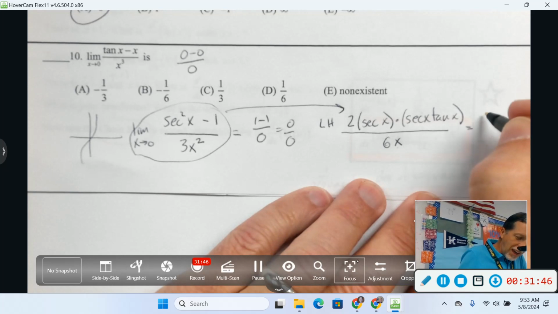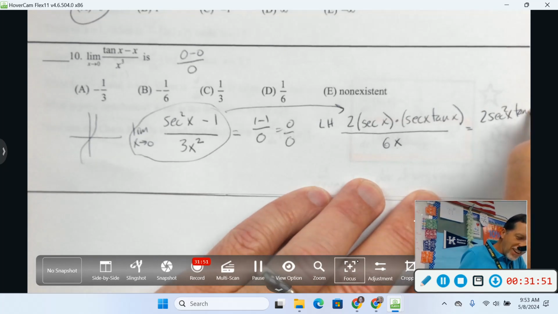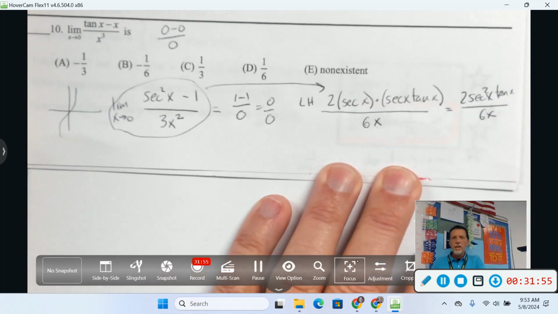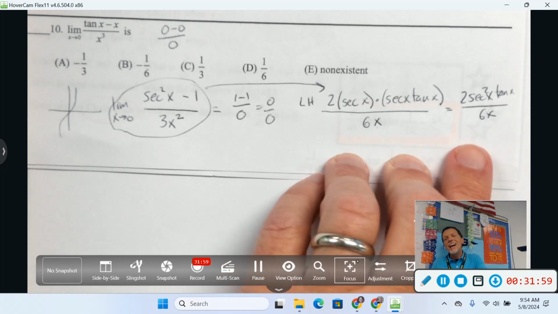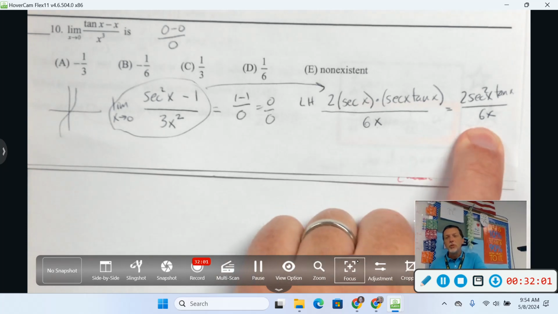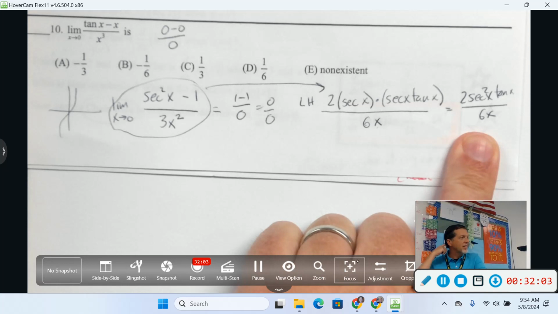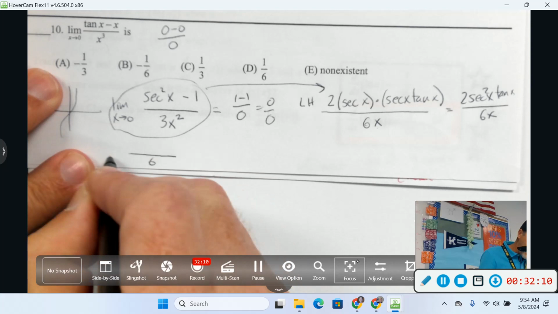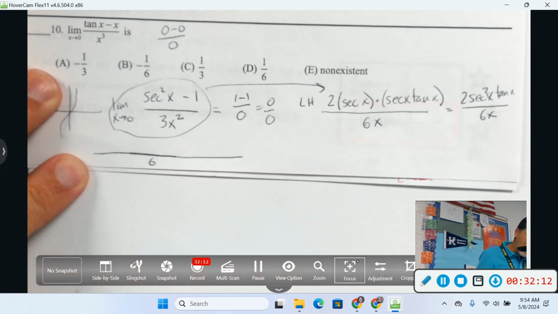Before I do it again, it would probably be helpful to make this secant squared. And now I've got product rule. I think this will be the last time I have to do a derivative because the bottom's going to give me 6. So I'm definitely not going to get 0 over 0 anymore. So the bottom is 6. The numerator is going to be awful.